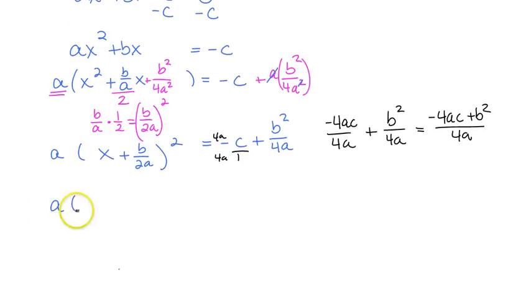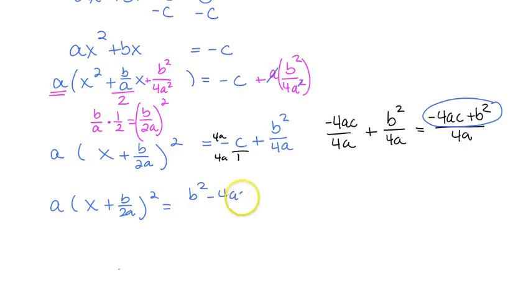On the left, we've got a times x plus b over 2a, quantity squared. Now, hopefully you see that that's looking pretty familiar to you, so I'm going to do b squared minus 4ac. All I'm doing is switching those two terms, all over 4a there. Now we want to get x by itself, so we divide both sides by a. Now we know, just like up here, if you divide by something, you can multiply by the reciprocal.